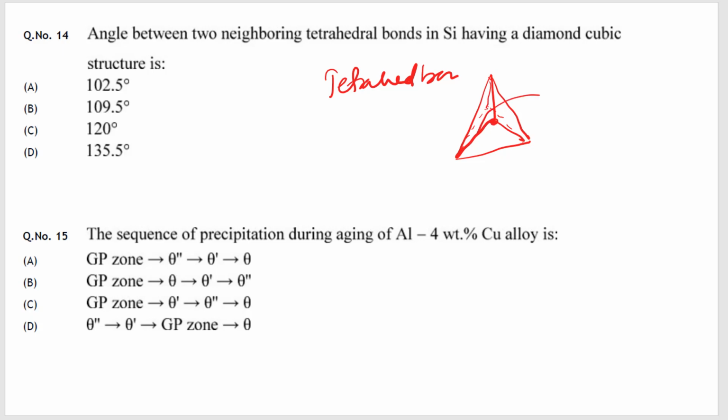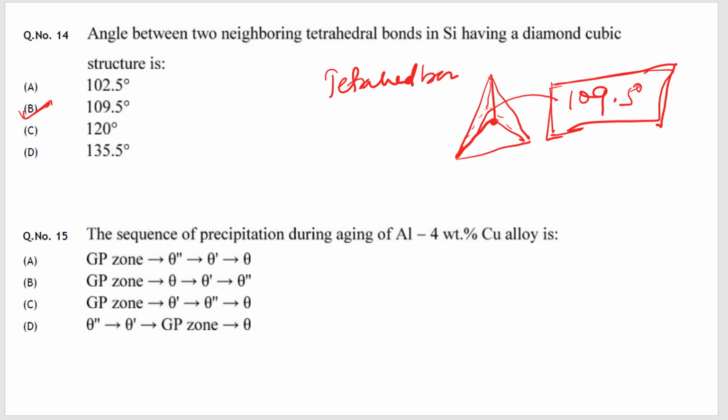Okay, and what is this angle? This angle is 109.5 degree. So there is derivation of this also. So right now we are not going to discuss about the derivation because it is just a 1 marks question. So you simply remember this, the angle is 109.5 degree. Okay, so answer B.